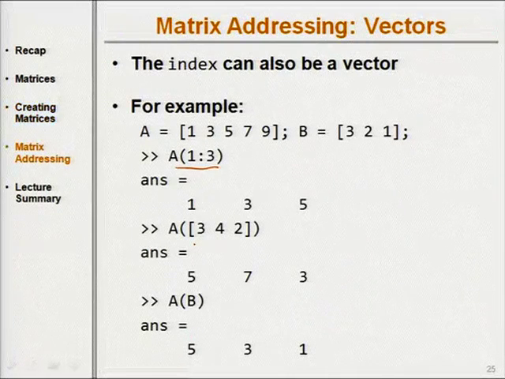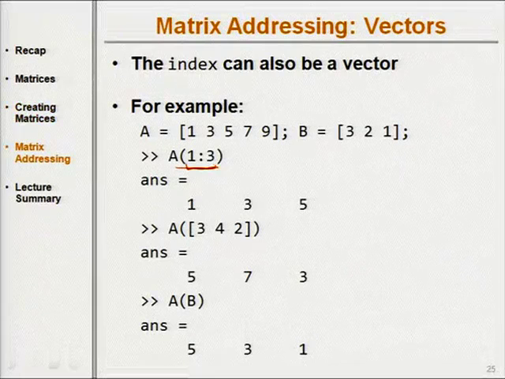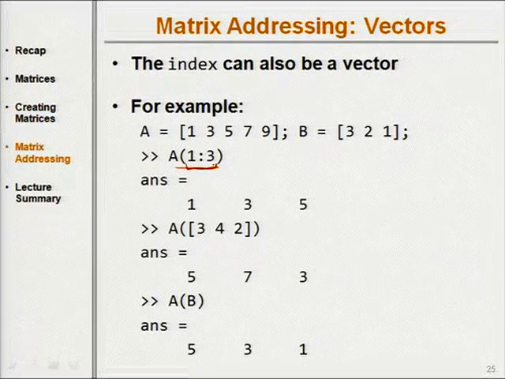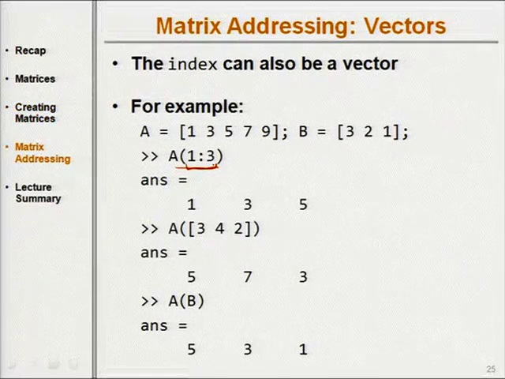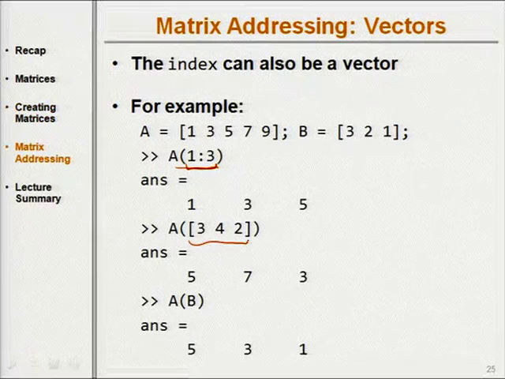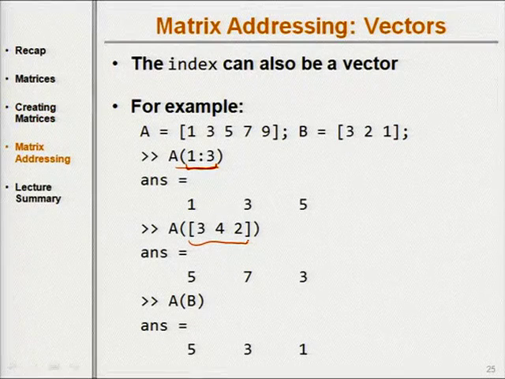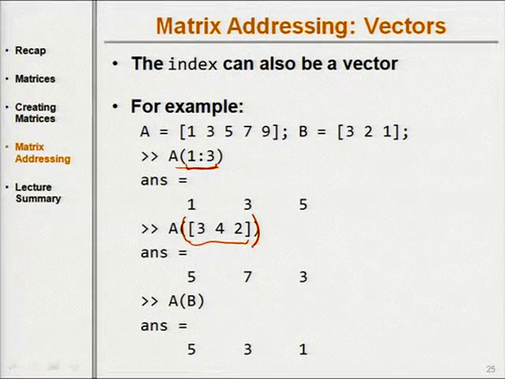If you want to find specific numbers from a vector, this one here was finding the first 3 values, but what if you want the first, the 5th, the 10th number of a vector? You can use direct addressing. So in this case, we have A. We still use our round brackets.